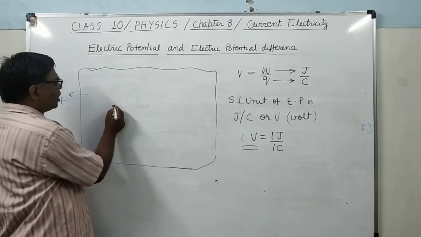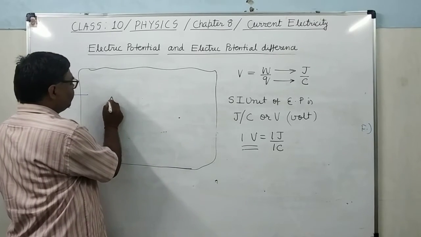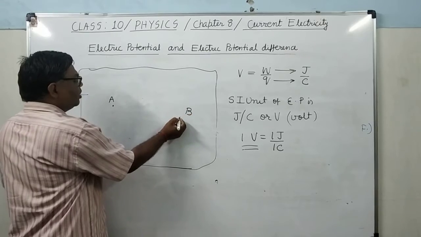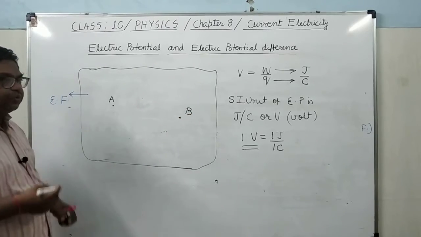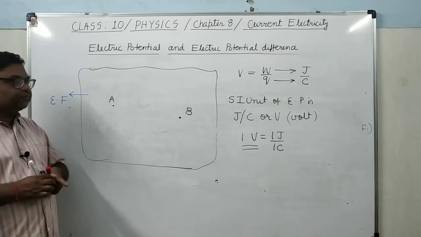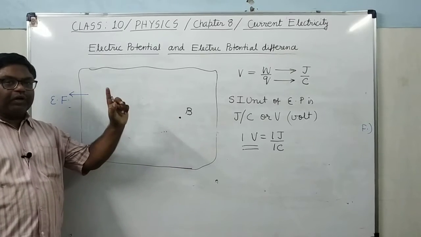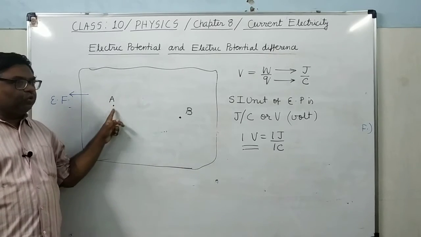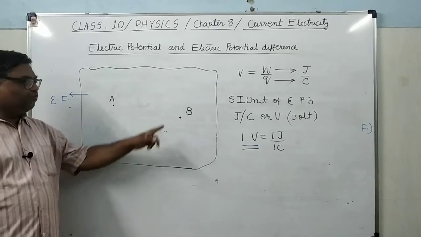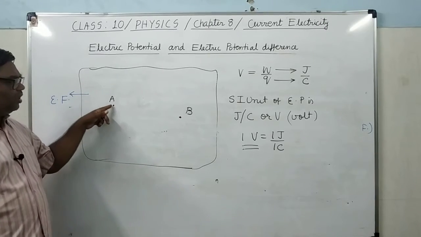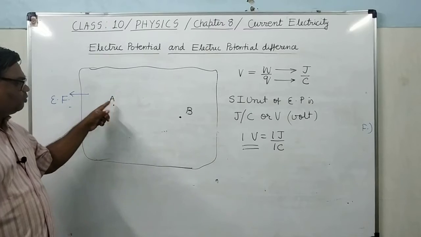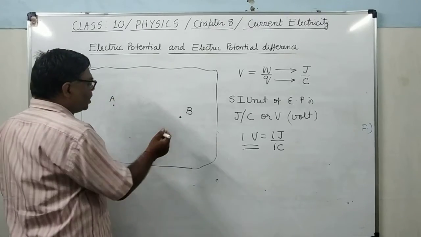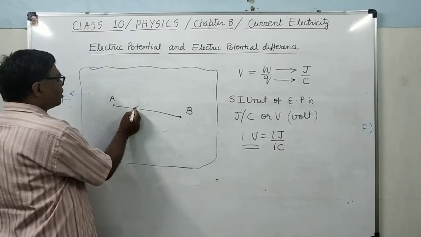Suppose these are the 2 points A and B. In later classes you will study that if you bring a charge Q from B to A via any path, whether this way or this way, in every case there will be the same amount of work done.